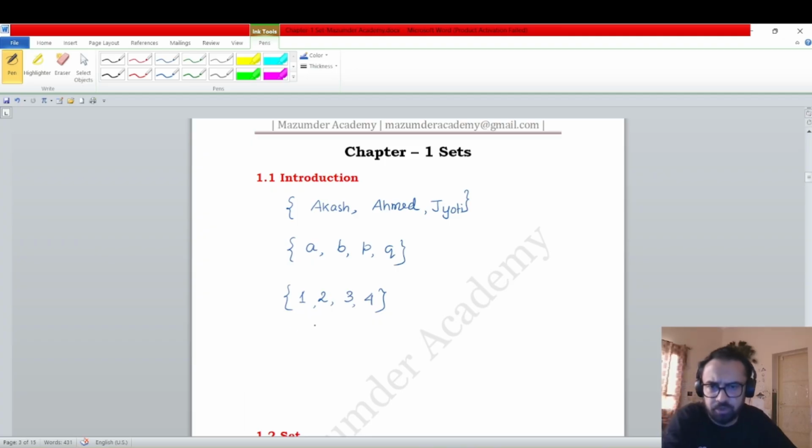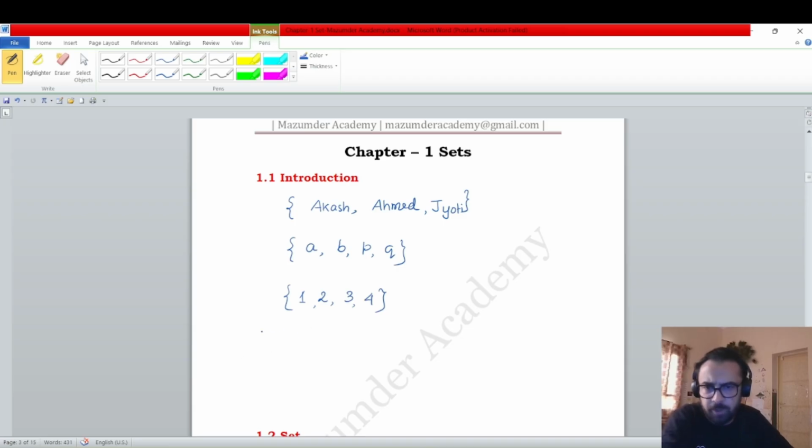See, any collection, if it does not vary from person to person or time to time, then that collection will represent a set. And if the collection may vary, its elements may change time to time or person to person, then that collection will not represent a set.